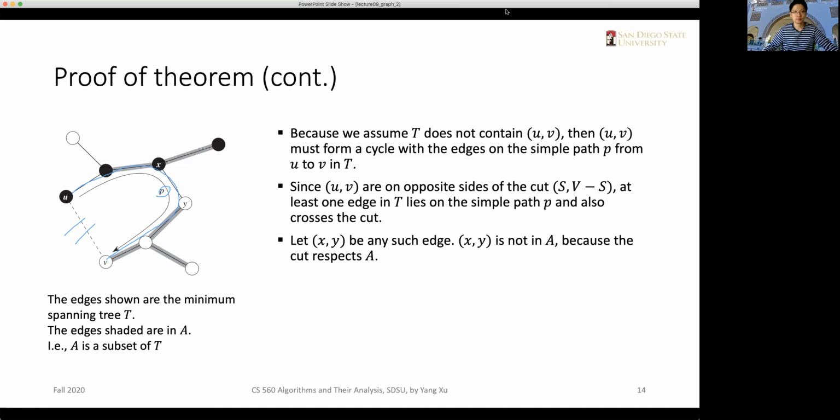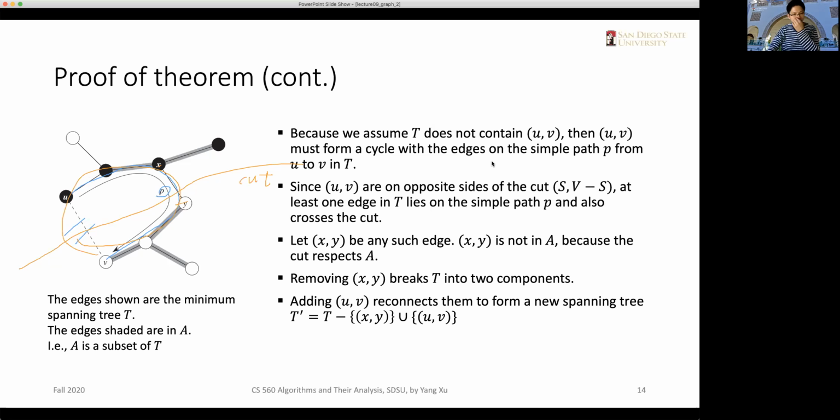Okay, so we can imagine this: if there's a cut here, it crosses an edge, and we also know that there's already a cycle, then there must be another edge also across the cut. And we assume that edge to be xy, connecting the vertex x to y. Okay, and that xy edge is not in A because the cut respects the subset A.